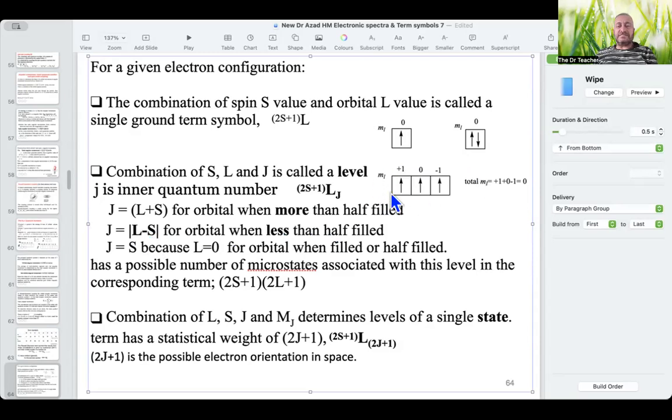So now here is half filled. So J equals one of them, S or L, when it is half filled.